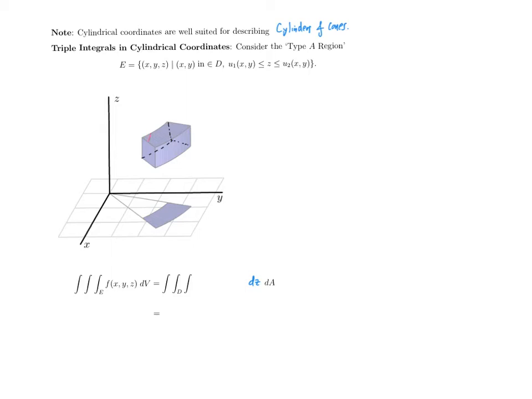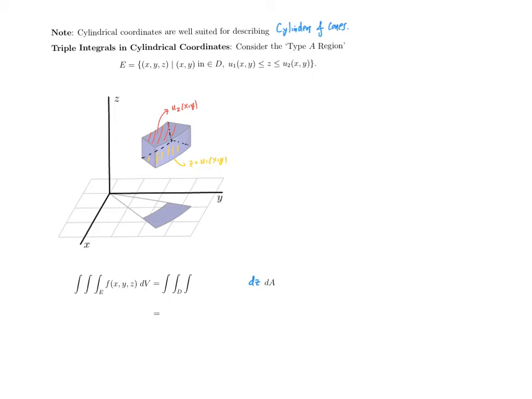So on the top we have this larger surface, u2 of xy, and on the bottom we have this smaller surface given by u1 of x and y.